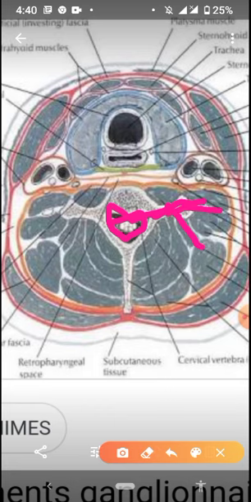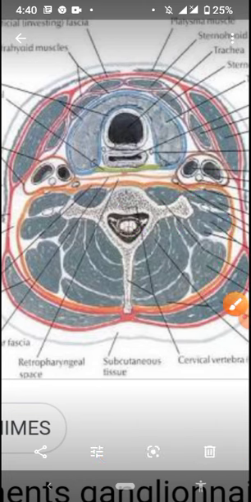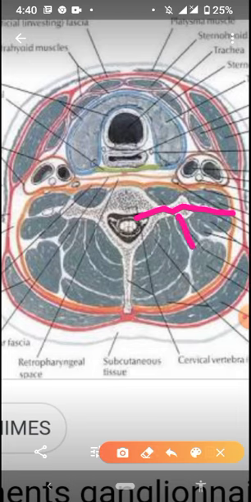The anterior rami of the cervical nerves pass between these two muscles, the scalenus anterior and the scalenus medius. This one is the posterior rami. So between these two muscles, the nerve is passing.